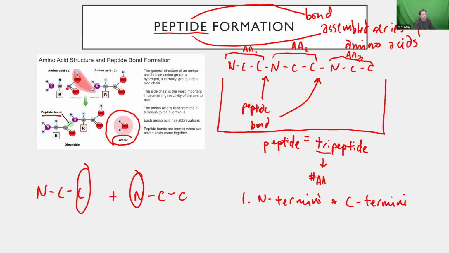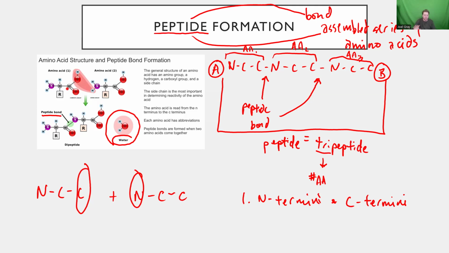So when it comes to identifying what's known as the N termini or the C termini, I'm going to give you two labels, A or B. State in the chat, which do you think is the N termini? The thing that I've labeled A or B.